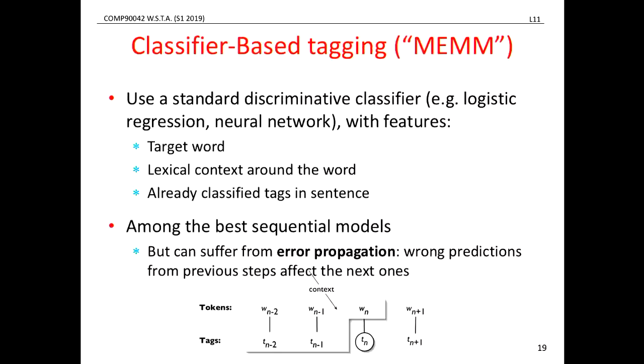Okay, if we're trying to do this in a slightly more accurate way, then we might build a classifier to do it. Instead of just looking at a unigram model, which is effectively a classifier with no context other than the word, we might look a little bit further afield and look at the local context in a little bit more detail. We could frame this as any of your favorite classifiers, like logistic regression, k-nearest neighbor, SVM, whatever.